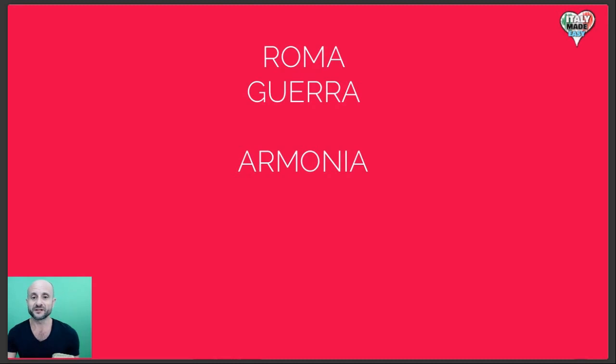Open and closed E is hard. Okay, perfetto. Open and closed E. First of all, in the video I said, it's not too important that you get it right because Italians don't get it right. So let me try and say, again, I don't remember what my examples were, but the open E in Italian is like the E in egg.